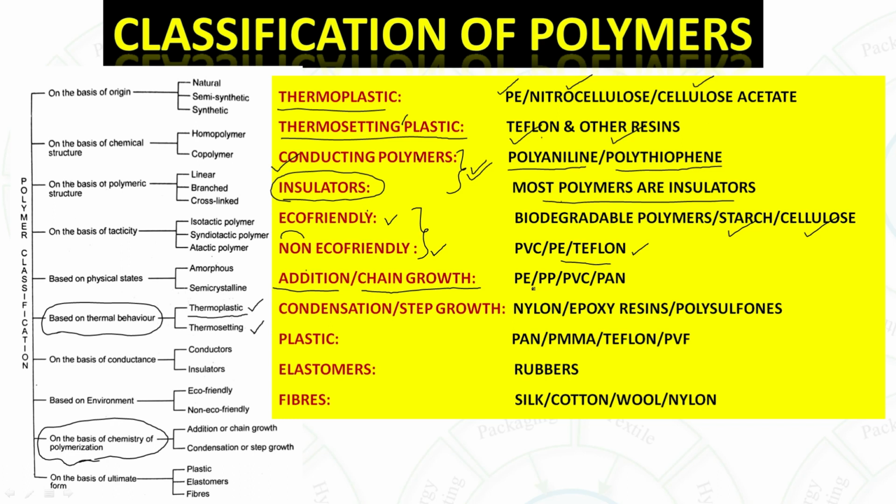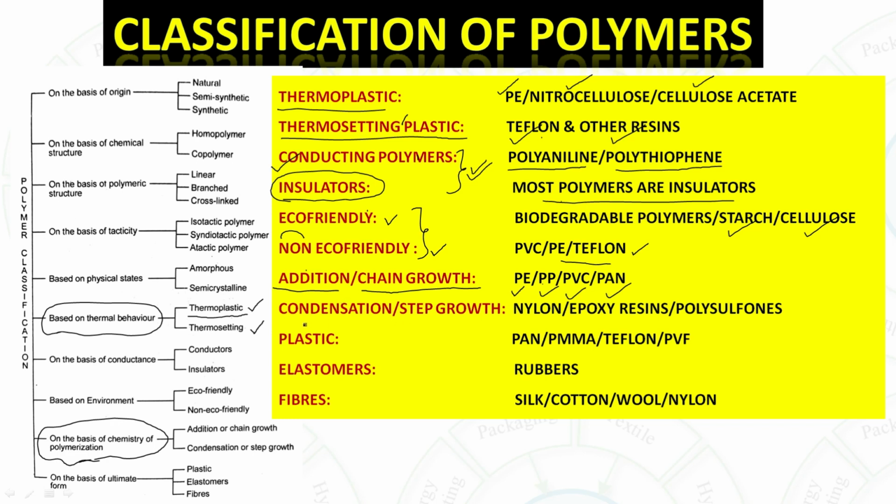The examples of addition polymers are basically vinyl polymers like polythene, polypropylene, PVC, PAN. They all are addition polymers. Addition polymers are those polymers which are formed by the addition of monomeric units. There are no byproducts in this polymer reaction, right?